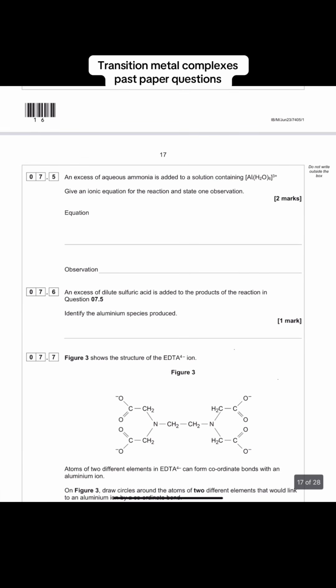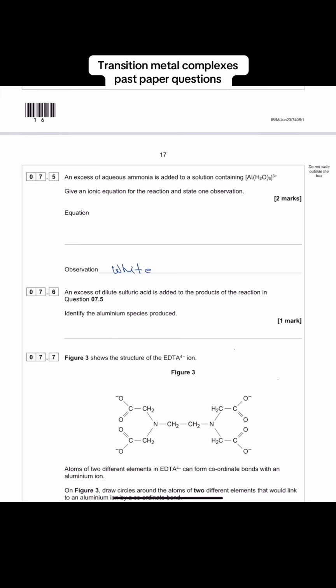An excess of aqueous ammonia is added to a solution containing the aluminum aqua ion. Give an ionic equation for the reaction and state one observation. So in the presence of ammonia, whether it's concentrated ammonia, whether it's excess or just some of the ammonia, the product will be exactly the same, which is the aluminum hydroxide. And the aluminum hydroxide is a white precipitate.